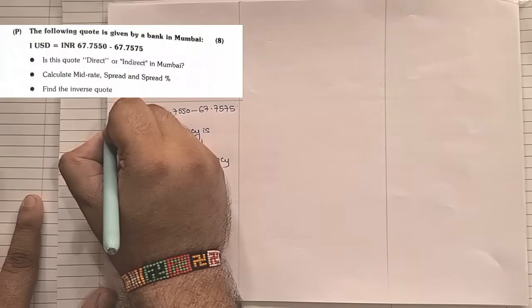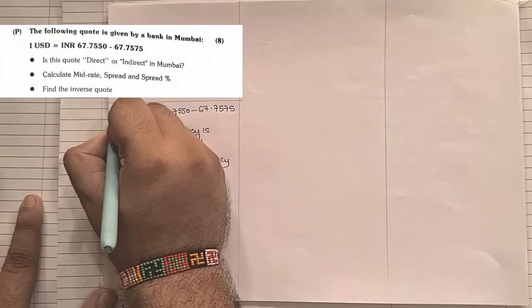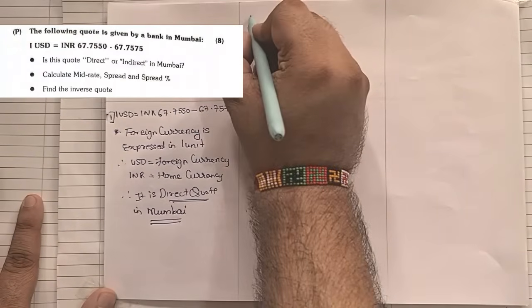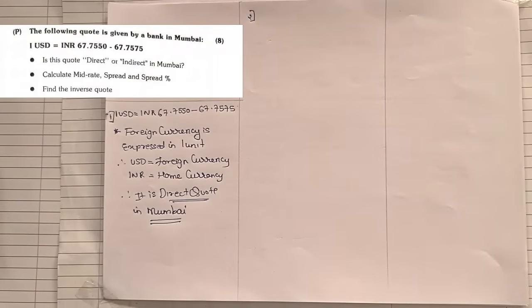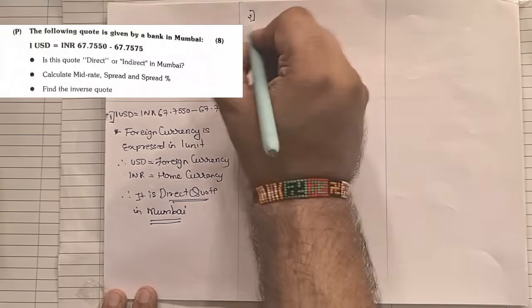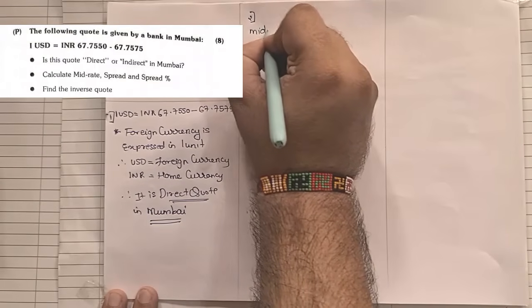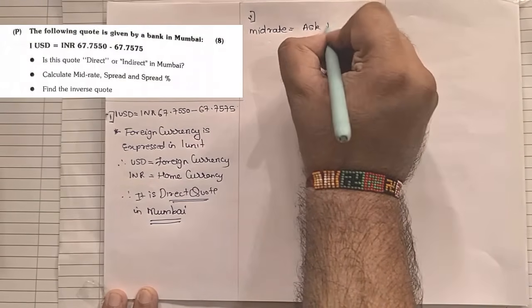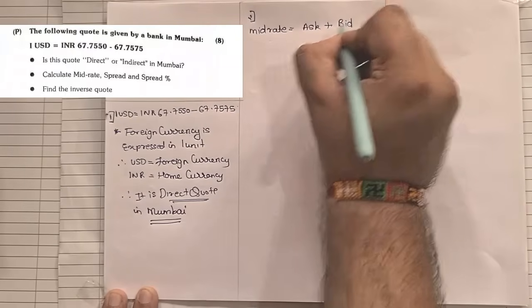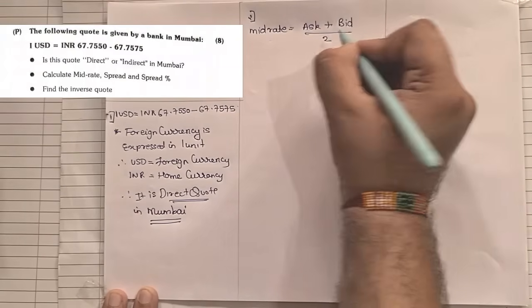So that was the first part they had asked us to find. Now the second, calculate the mid rate, spread and spread percent. First we'll find the mid rate. The formula for mid rate is mid rate equals ask rate plus bid rate divided by 2.